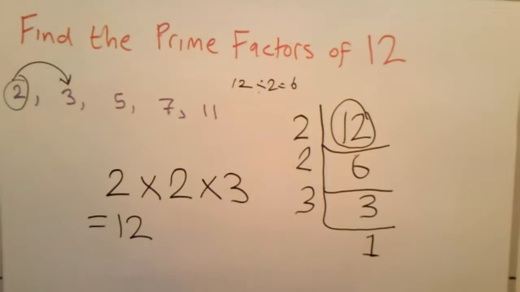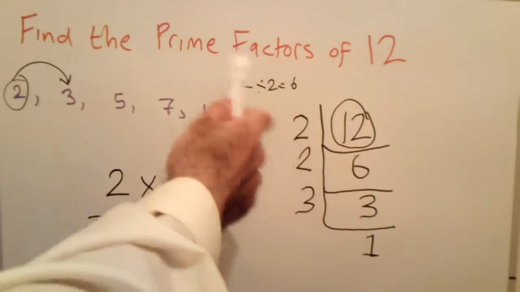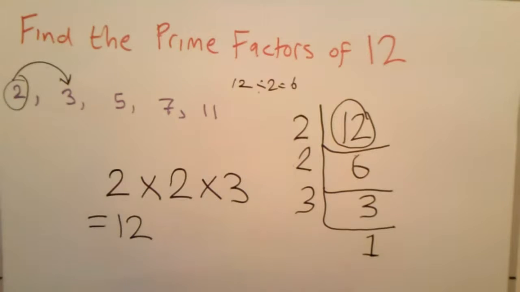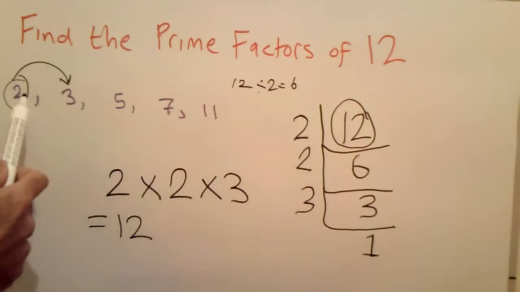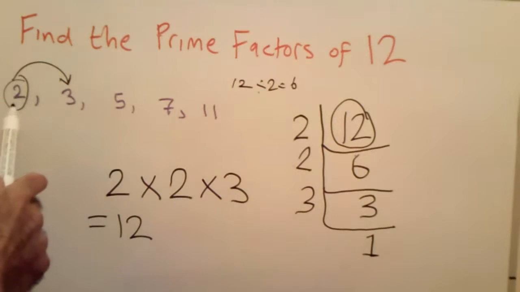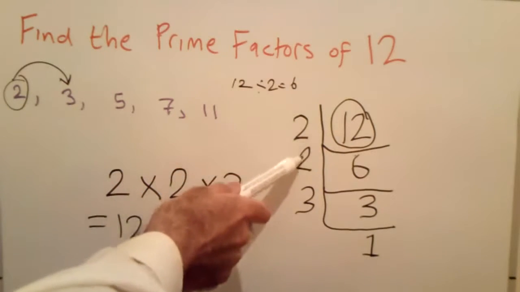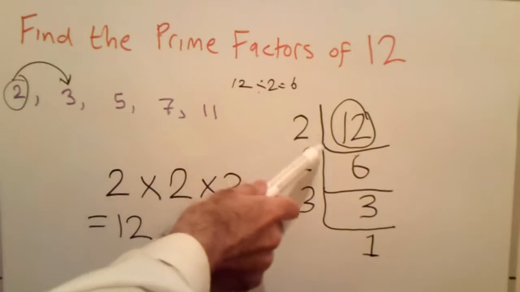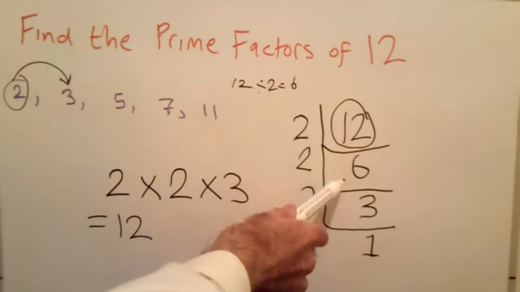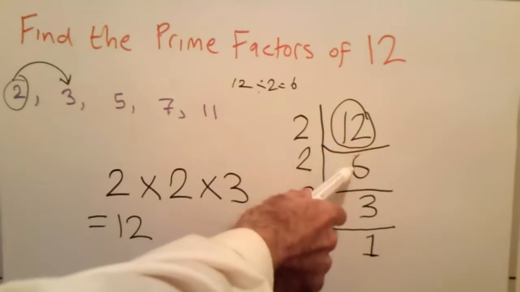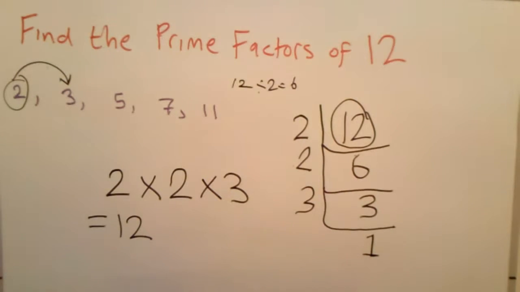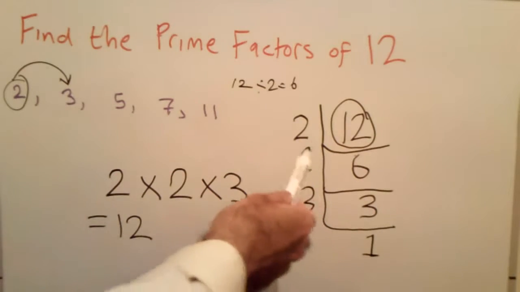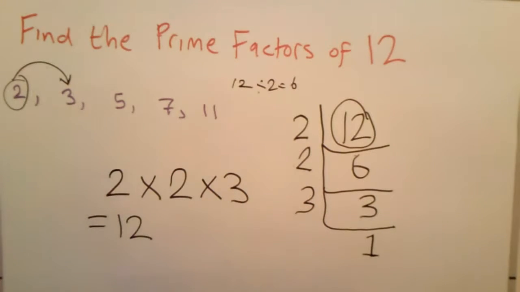So that's it. This is a very simple method of finding the prime factors of a number. The thing to note is that you start off with the smallest prime number and continue with that if the result divides exactly by it, but when it doesn't, you move on to the next one. We'll do some examples and hopefully you'll get this.